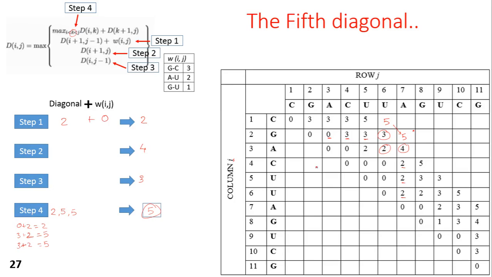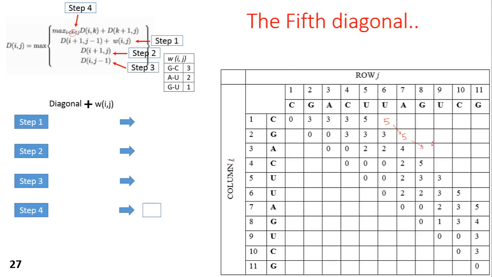Okay, now next what is needed to be done? We need to move diagonally down. Well, let us rub these things so that we don't end up adding the wrong numbers. Okay, here we go. Now we need to populate this one from our fifth diagonal.